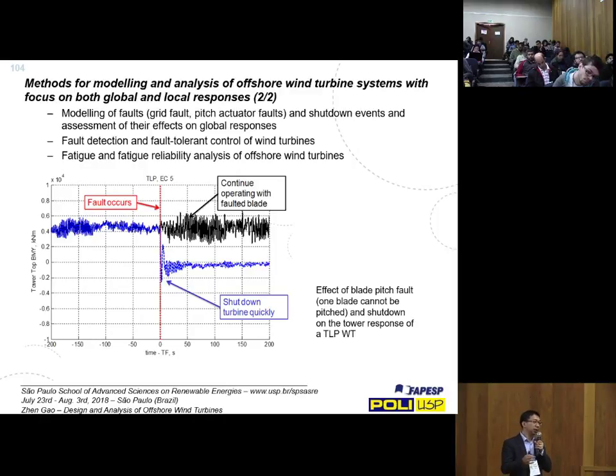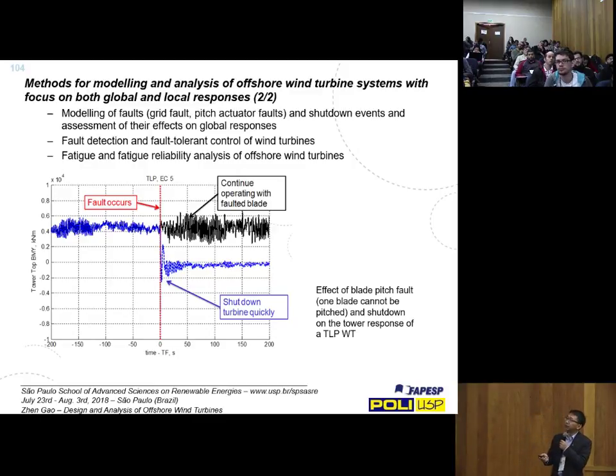For example, they usually use a hydraulic pitch actuator for each blade, which can be individually controlled. But if there is a failure in the system, you cannot pitch the blade. Then we look at how the response will increase and how we can identify this event, then try to shut down the turbine to bring it into a safe condition.